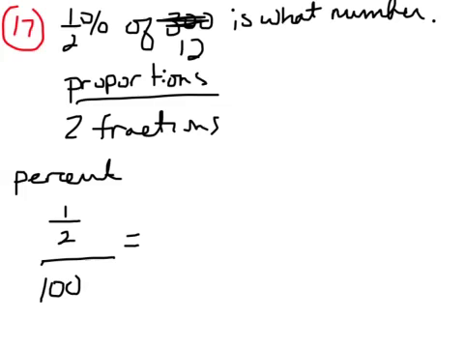Now, when you see the word of, well, if you're going to do it the other way, not using percent, that would mean multiply, okay? So I know I could do it the old way here. If you're using proportions to solve percents, when you see the word of, that tells you there's your whole coming.